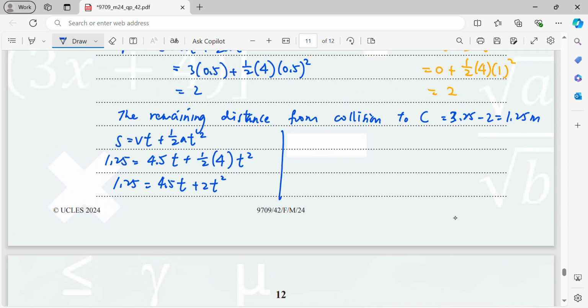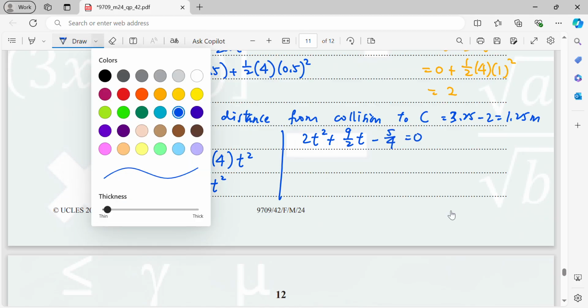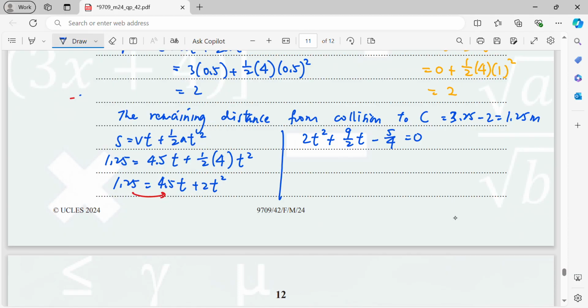Then here it will be 2T squared plus 9 over 2 T minus 5 over 4 equals to 0, because I moved the 1.25 to the right side and I wrote all the decimals in fractions. So then from here get times 4 to the whole equation. You will get 8T squared plus 18T minus 5 equals to 0. And this quadratic can be factorized into 4T minus 1 times 2T plus 5 equals to 0.